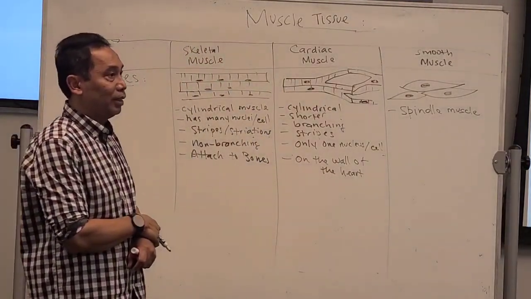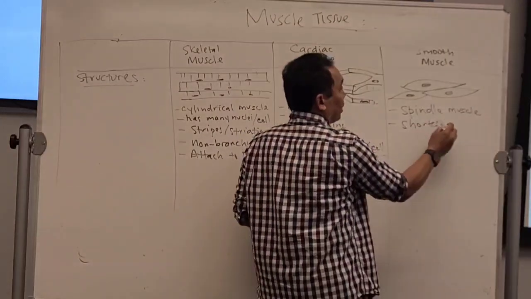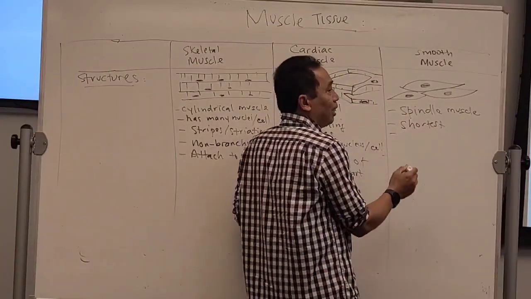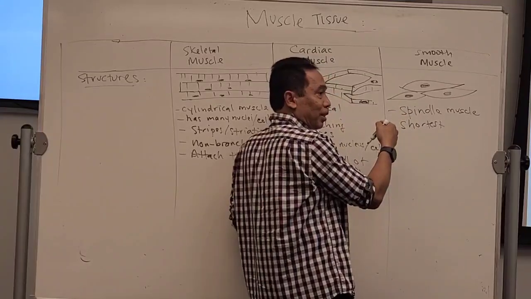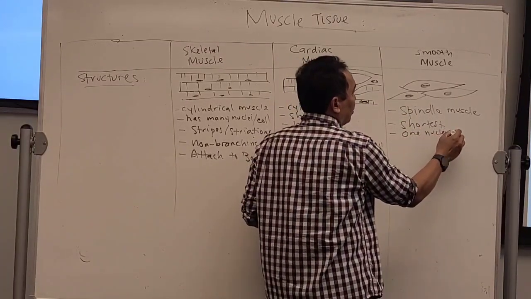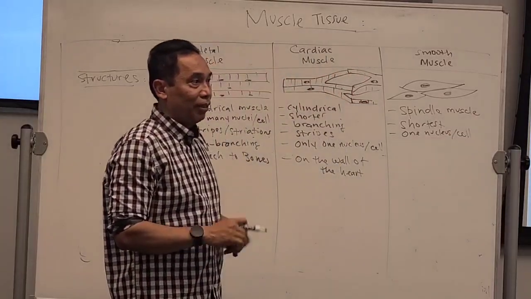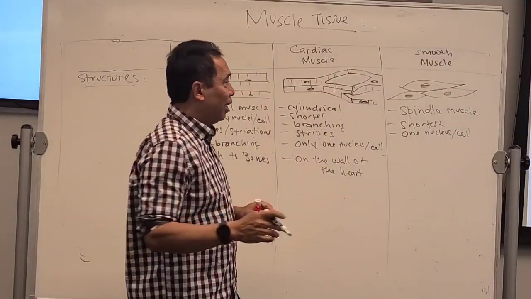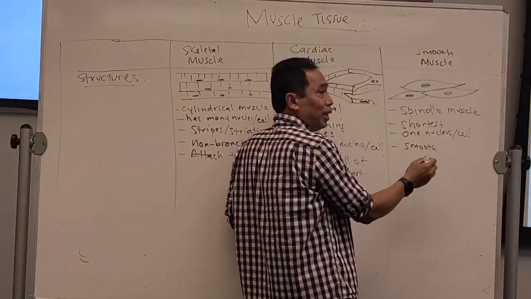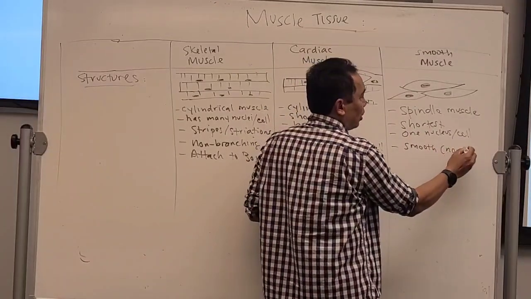This is the shortest of the muscle cells. And because this is short, what happened? One nucleus per cell. You get this one? And then it is smooth. That is where the name comes from. What does smooth mean? You don't see stripes. No stripes.